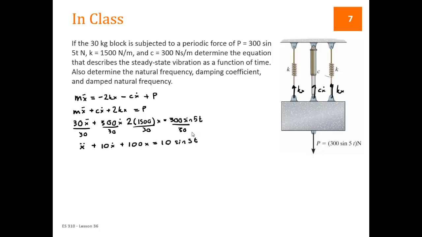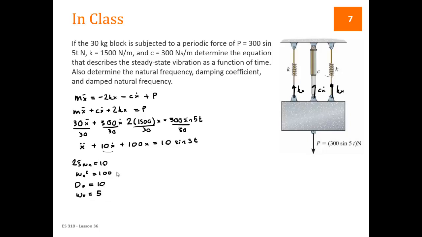So from this we can write the coefficient of the dotted term, the single dotted term, is 2 zeta omega n is equal to 10. Coefficient of the non-dotted term is omega n squared is equal to 100. Coefficient of the sine or cosine term is d naught is equal to 10. And the frequency of the sine or cosine term is omega naught is equal to 5.